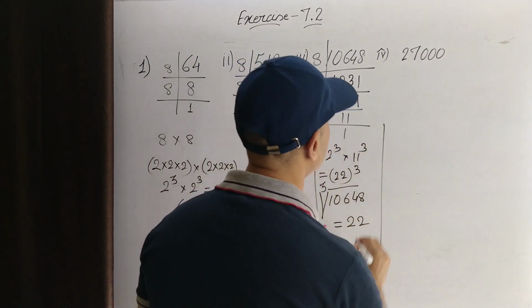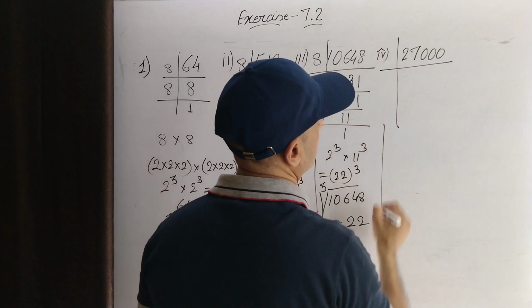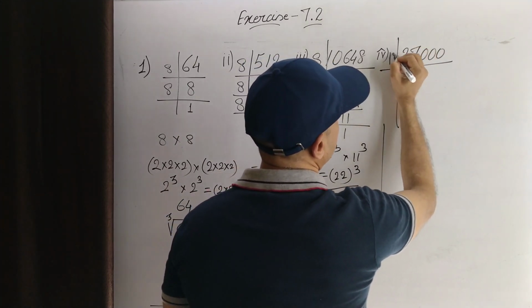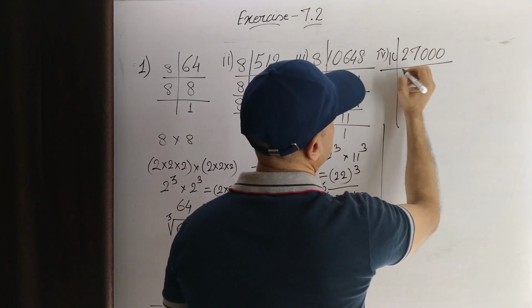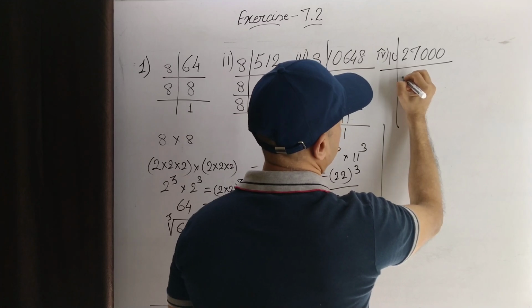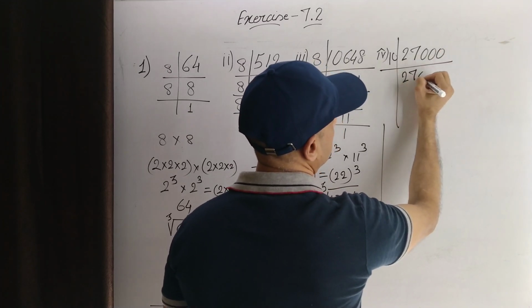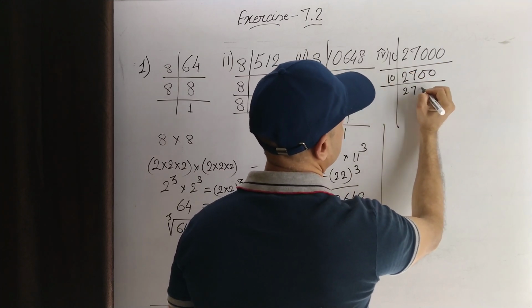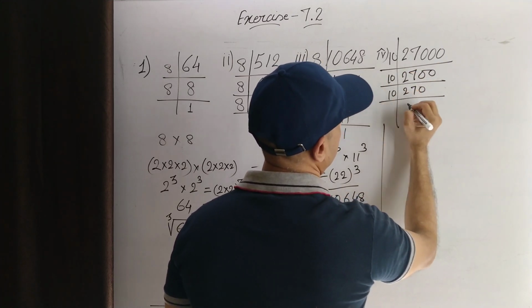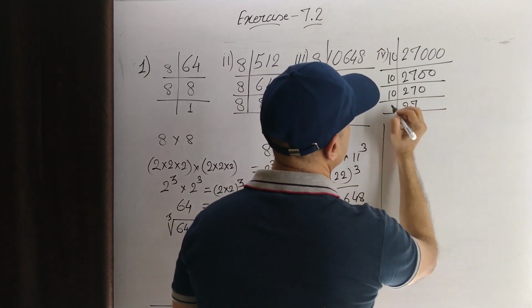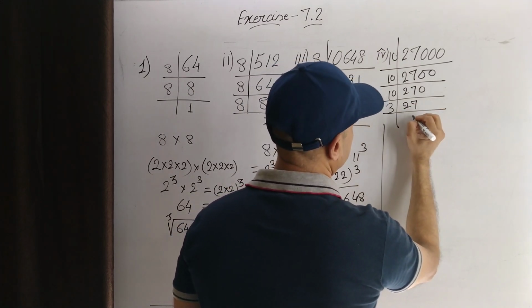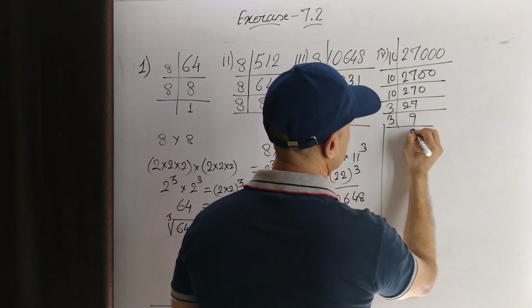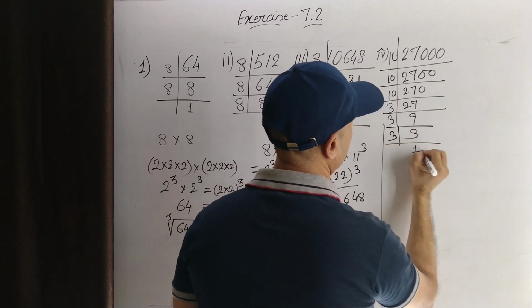Here we'll straight away divide by 10, so we'll have here 2700, again divide by 10, we'll have 270, we'll divide by 10, we'll have 27. Now we'll divide by 3, we'll get 9, 3 again, we'll get 3, 3 again, we'll get 1.